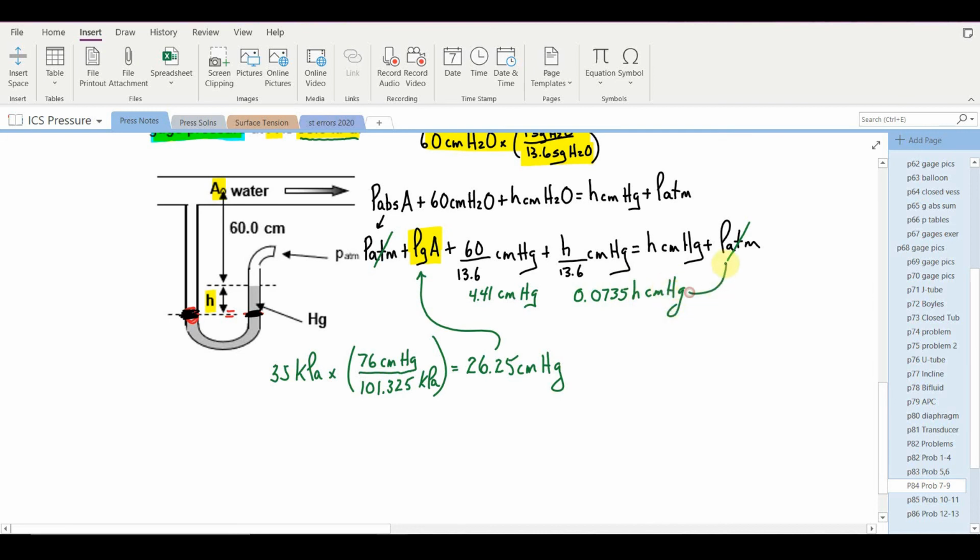Bring that to the other side, subtract it from 1H, and you'll wind up with 0.9265 H centimeters of mercury is equal to whatever number is over here, and then dividing by 0.9265, you'll find the value of H. So you go ahead and finish that up and compare it to the solutions that are posted on Blackboard.